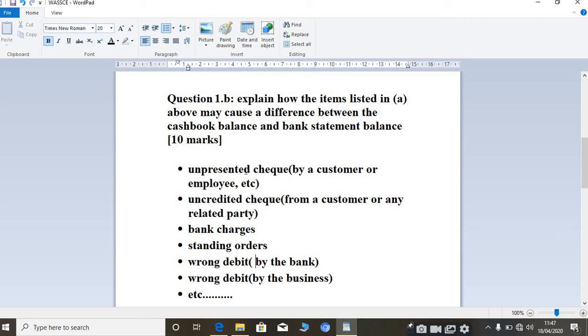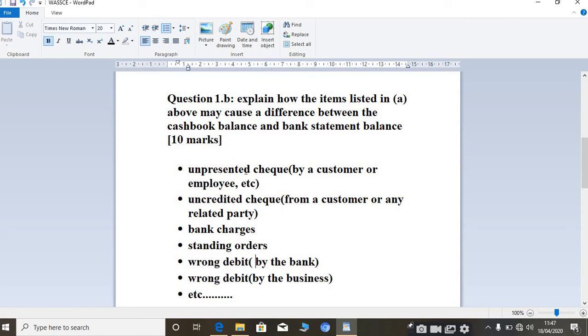You know, whenever the business issues a check, the first thing that it will do is to credit their cash book account, so that when the person presents it to the bank, the bank will also debit the bank account of the business. But because the person has not presented the check, the bank is yet to debit the bank account of the business.